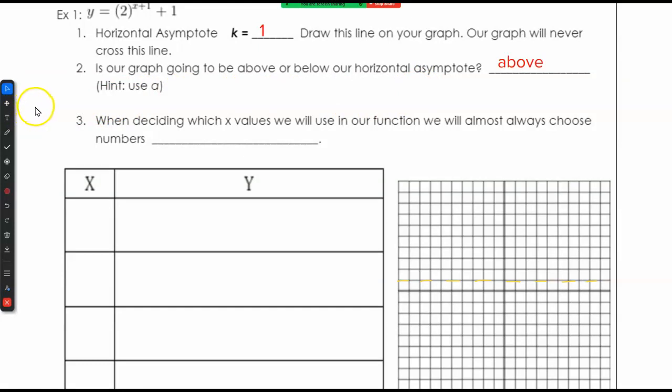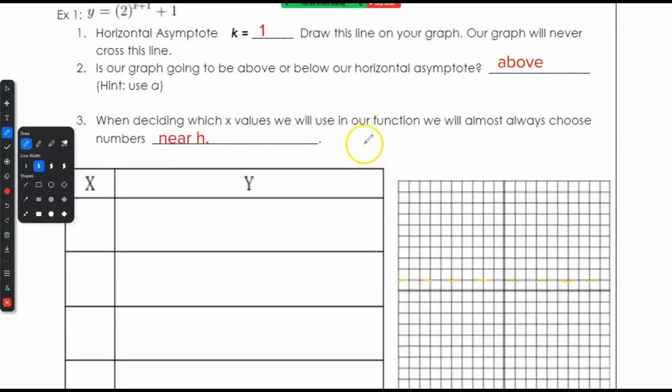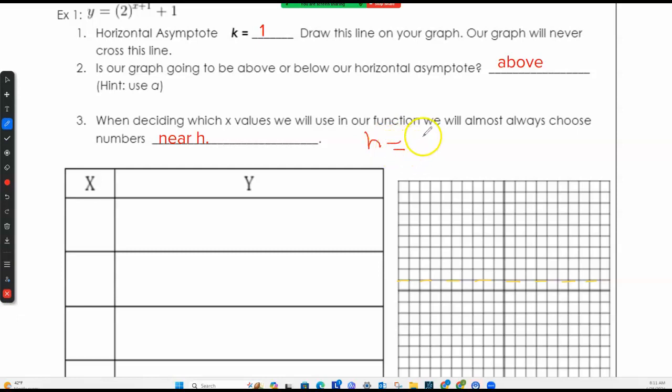When deciding which x values to use in our function, we will almost always choose numbers that are near h. And in this case, h is up here. It's supposed to be x minus h, but this is a plus. So that means in this case, h equals 1.